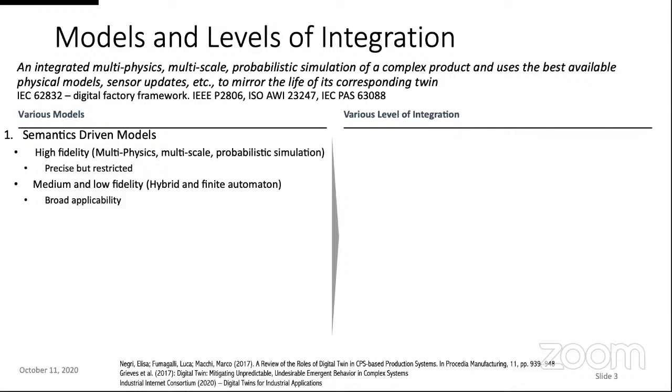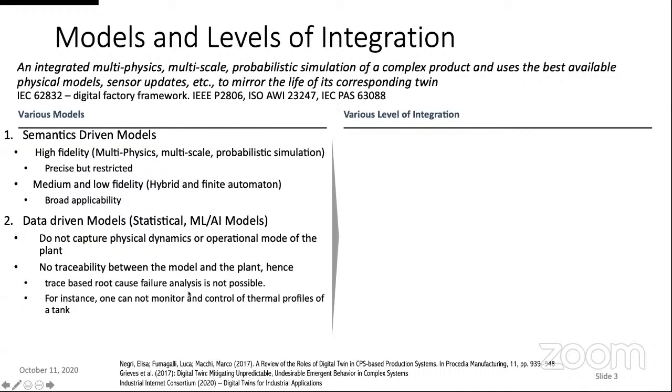These are quite precise, continuous time domain models, but they are restricted because you don't really have precise physics or a very nice algebraic formula for each and everything. So in some cases you can use it, but in some cases it may not be available. Then you can get into the next level of model, which is a medium or low fidelity model, more of a hybrid automaton or discrete event system approach, that has broader applicability compared to the high fidelity.